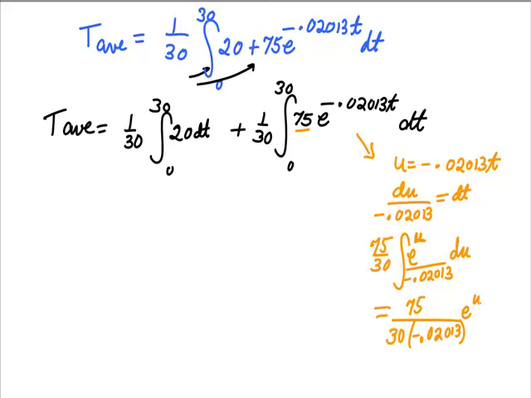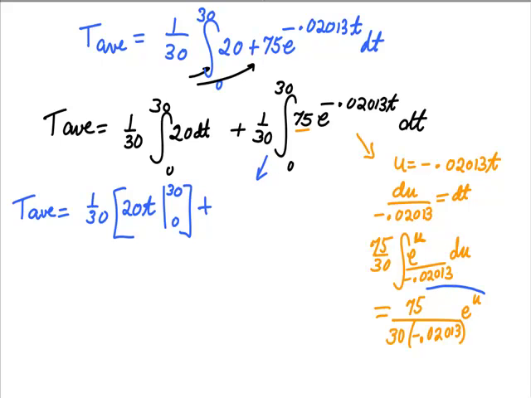So working this out, I have that T average is 1/30th. The antiderivative of 20 dt is 20t from 0 to 30. And now I have to do this one, but we already kind of know what that answer is going to be.